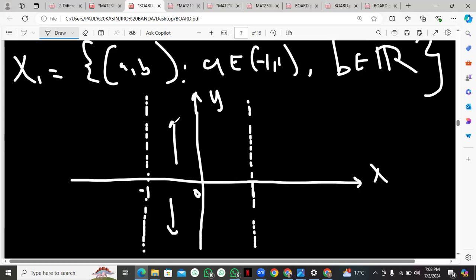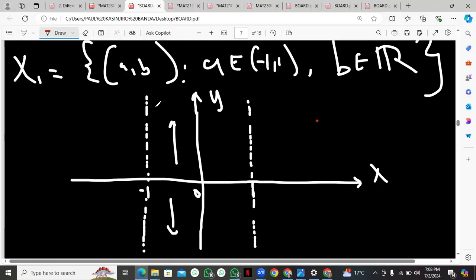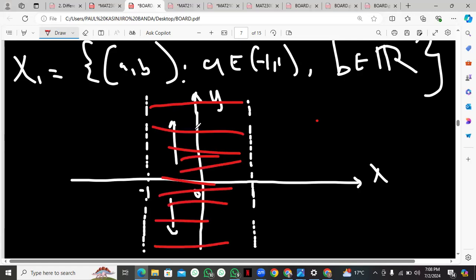So you can just shade that part in between to represent this set. In all of this part, I can get any value of y, as long as my value of x is in between those two lines.